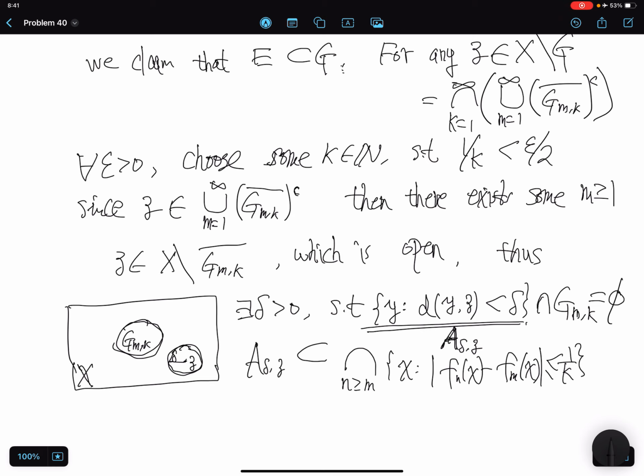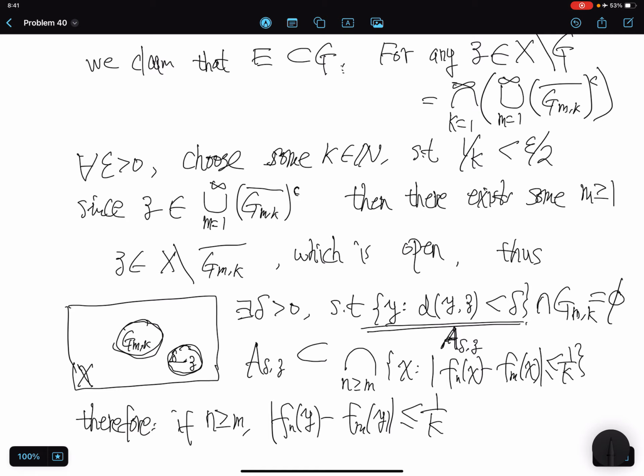So what does it mean? Therefore, if n is greater or equal than m, then replacing x with y, the absolute value of f sub n of y minus f sub m of y is less or equal to 1 over K, for y with distance of y and z less than delta.